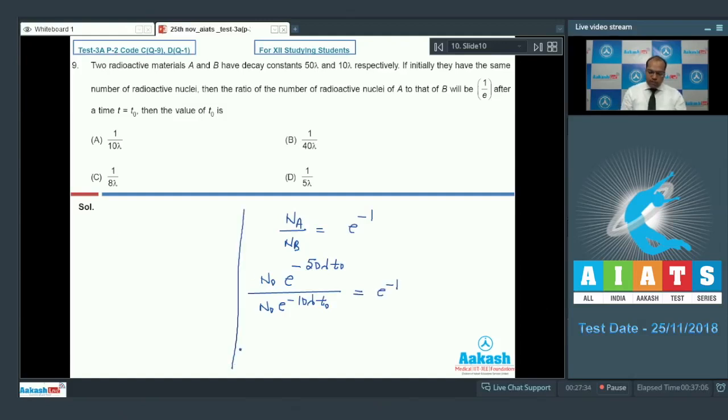On further solving, e raised to the power minus 40 lambda t0 is equal to e raised to the power minus 1. On comparison, we get the value of t0 equal to 1 upon 40 lambda. So option B is correct. So the correct answer for question number 9 is option B.